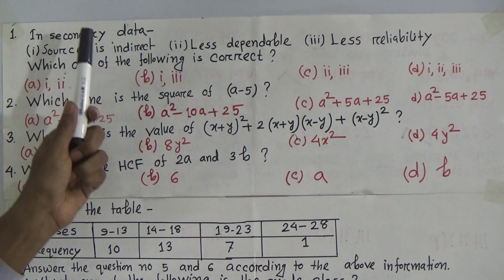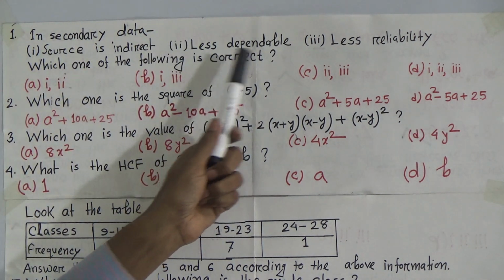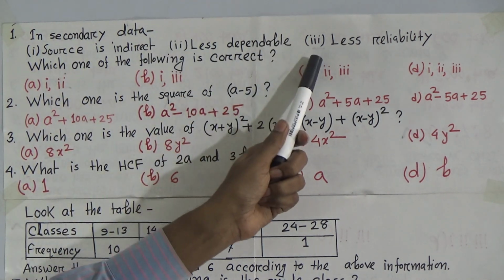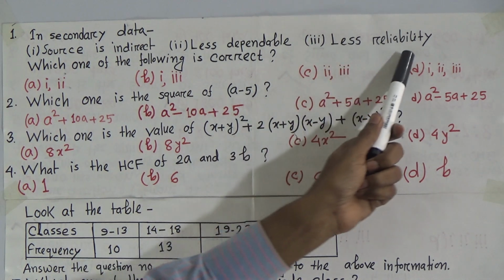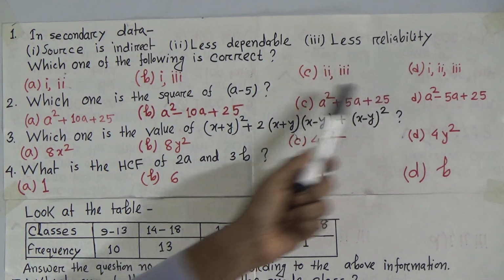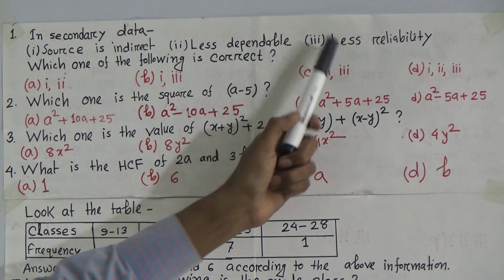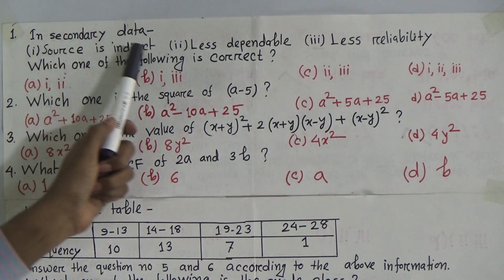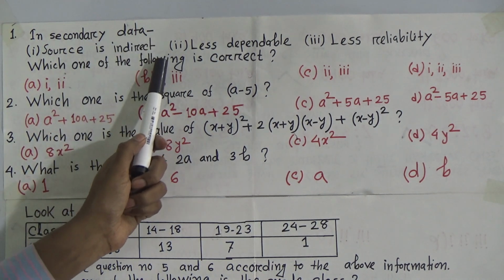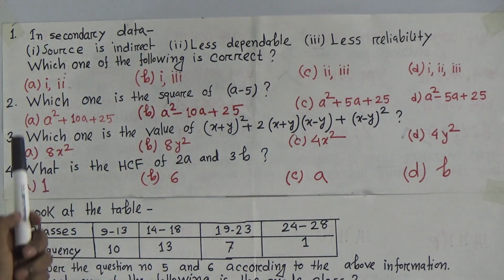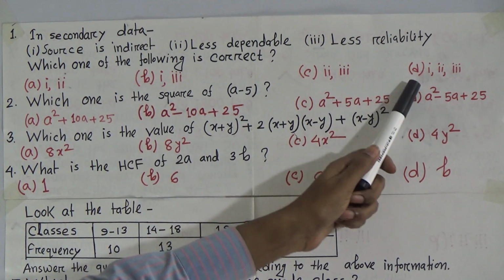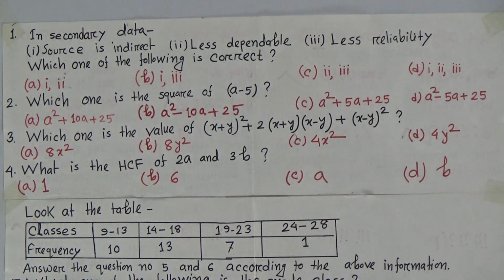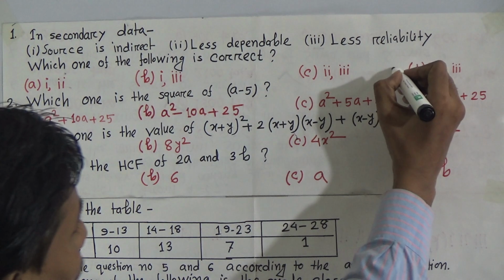Okay, in secondary data, less dependable. Number 3, less reliability. Look, all the 3 conditions are fulfilled for secondary data. So our answer will be D, numbers 1, 2 and 3.